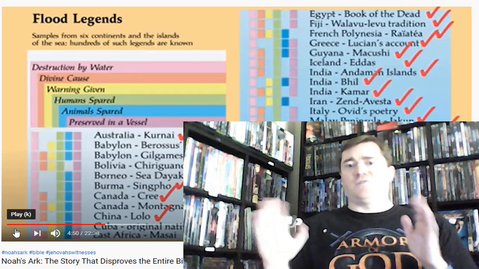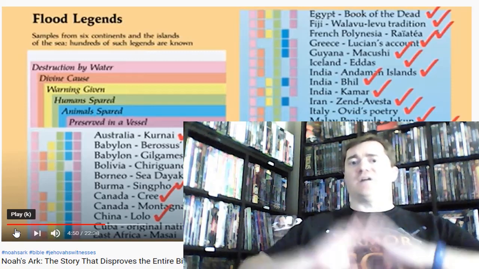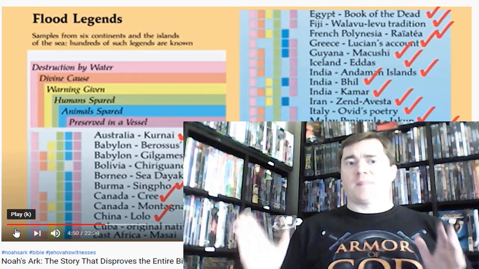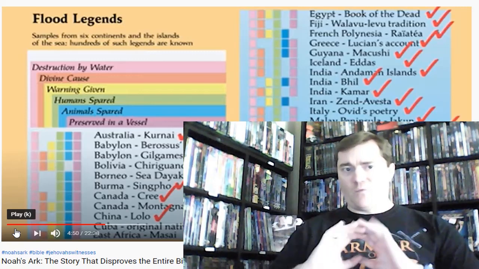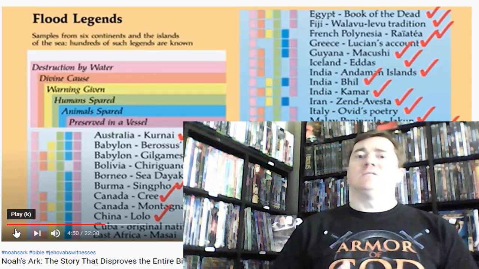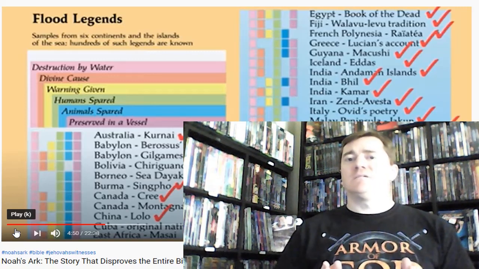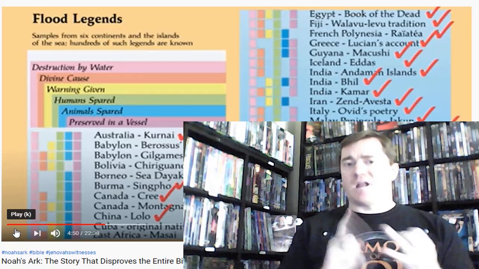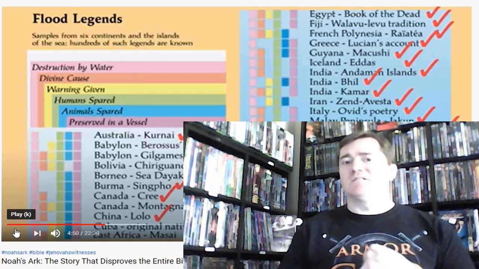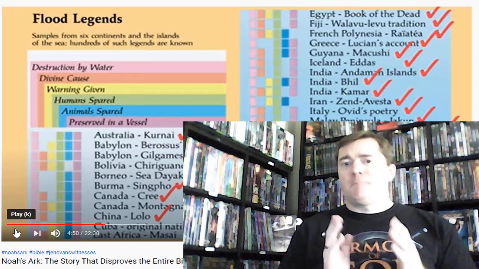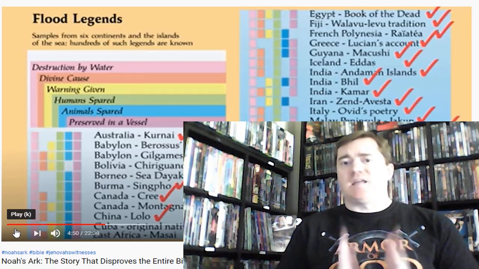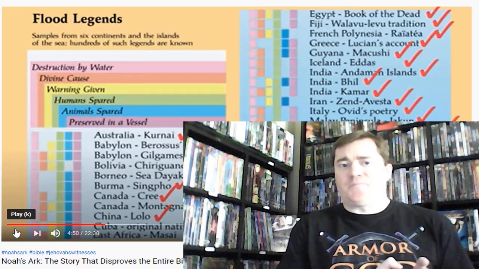So how would all of those islands that are very, very isolated from one another, how would those people have known that there was a worldwide flood that happened? Let alone that humans were spared and animals were spared in most cases, and some of them have preserved in a vessel. That doesn't make any sense to me.